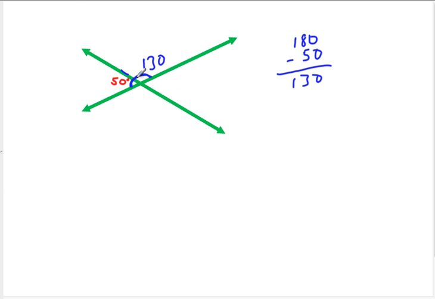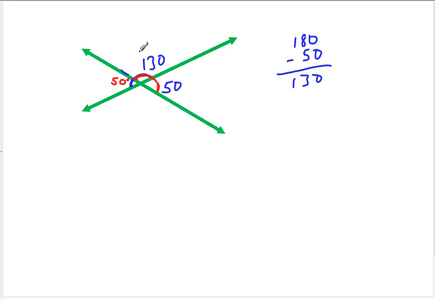Let me do this in a different color here. If I were to make an angle from here to here, that's also 180. So we know that 130 plus this unknown angle is going to have to be 180. So this is going to be 50 as well.